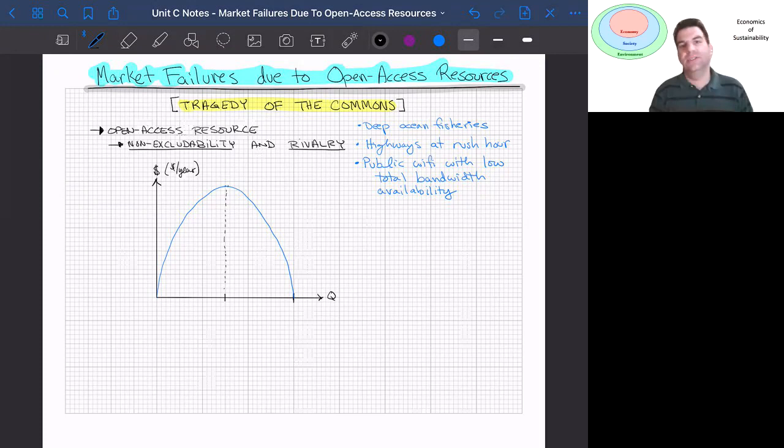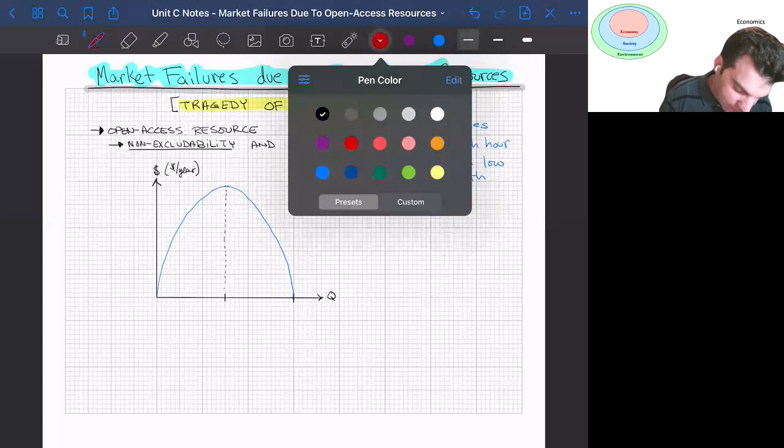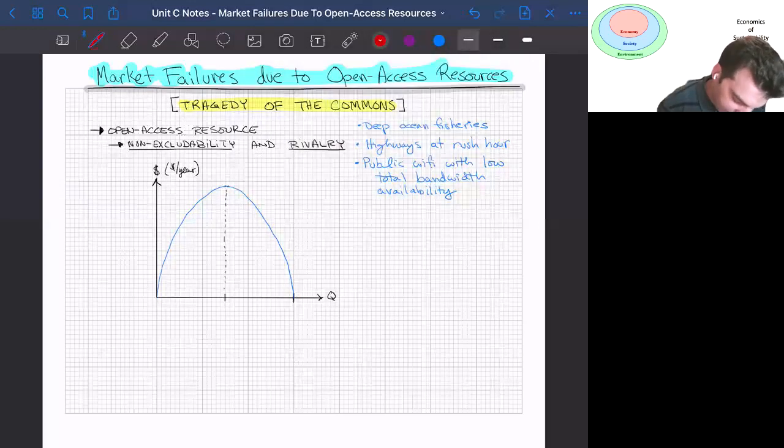And we're going to assume that there's a constant marginal effort rate. So basically the total effort curve is going to look like a line. So if I draw a line here, let's draw something that looks like this. Oh, I meant to draw that as a straight line, apologies.